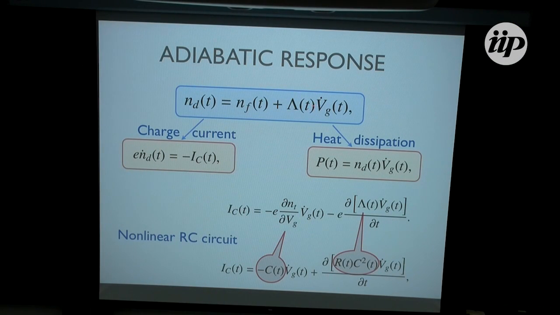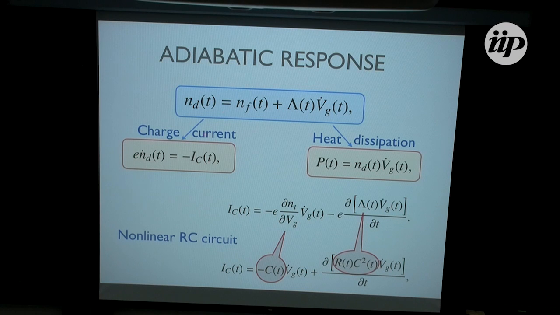Recall that we can calculate this coefficient from the susceptibility given by the Hamiltonian frozen at time t. This susceptibility at every time t can be numerically calculated very precisely with the numerical renormalization group, and so we will apply the numerical renormalization group to calculate this coefficient.